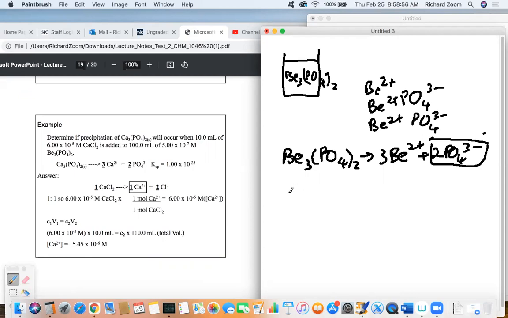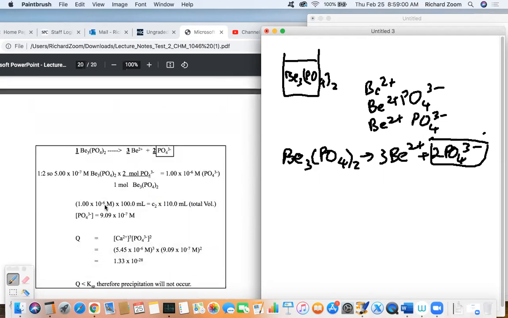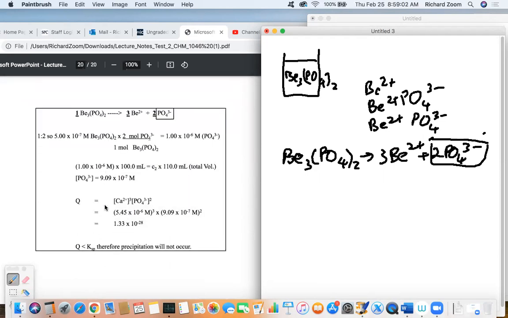Now, in this case, Alexandra, I'm going to answer your question now. You can see that the mole ratio is 2-to-1. So it's not always 1-to-1. So it'll be 5.00 times 10 to the -7. That was given in the problem. And that's the Be3(PO4)2.